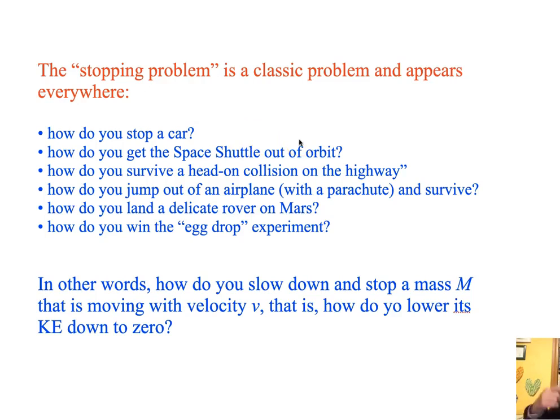It's traveling 18,000 miles per hour in orbit around the Earth. How do you ever get the shuttle back onto a runway in Florida at 0 velocity? How do you turn all that kinetic energy down to 0? That's what you have to do. And they basically use the friction of the air and the atmosphere to do that. It takes 1/2 of a turn around the Earth, that long a distance, in order to bring that kinetic energy down to 0. So that's the stopping problem.